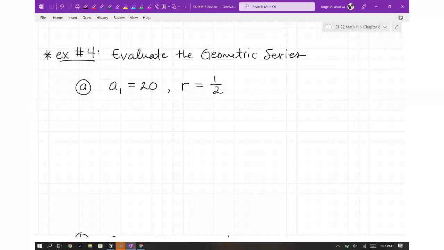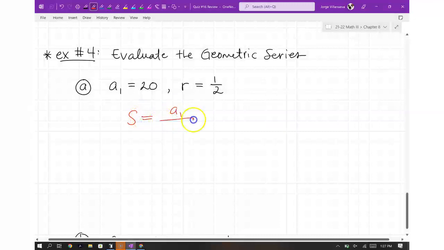So that means you're doing this infinitely, okay? So this is an infinite geometric series. By the way, I think on your quiz, they're actually going to use the word infinite in it to give you an even bigger hint that you're using S equals. So for this, my equation is just a sub 1 over 1 minus r.